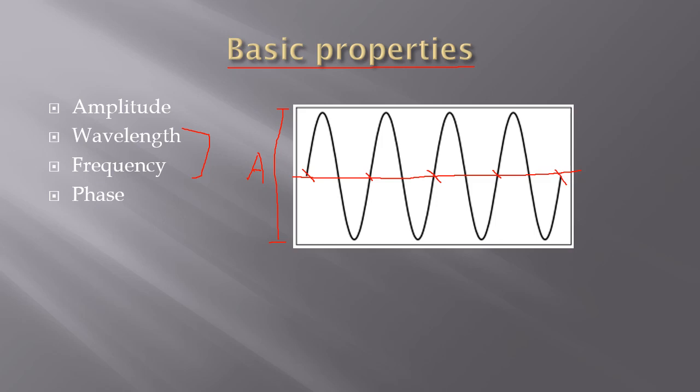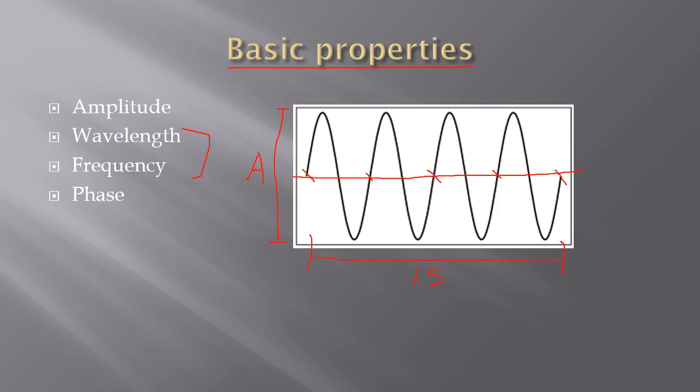Now, if we have the time axis, let's say from here to there, then we can measure the time required for the signal to traverse this distance, let's say, 1 second.